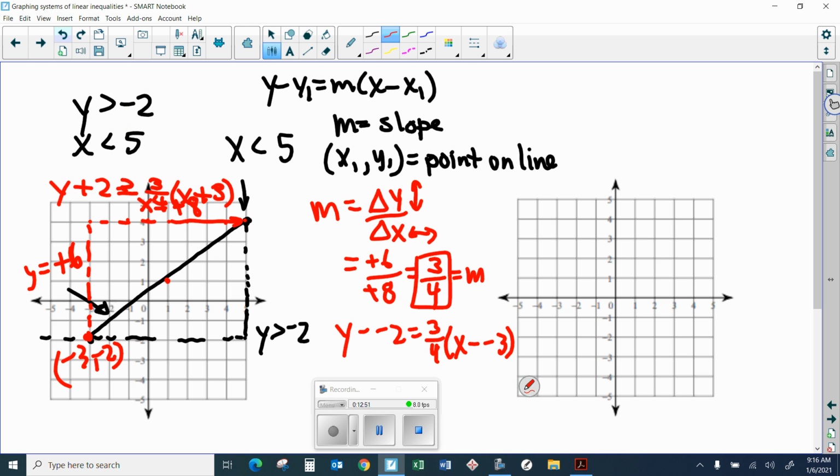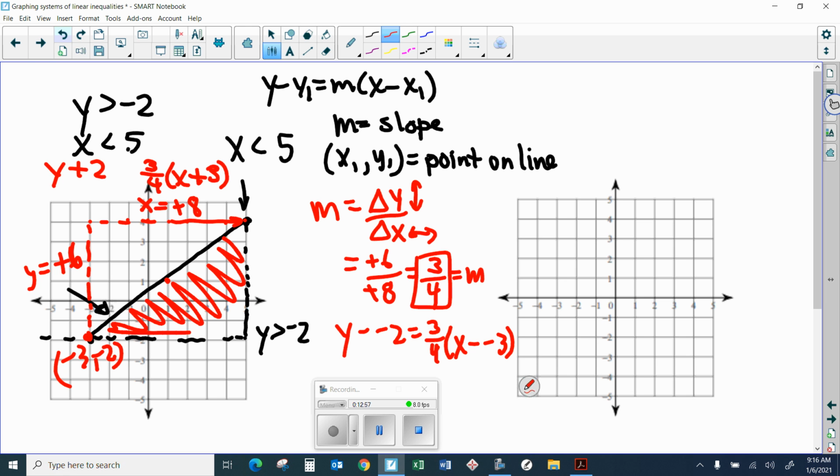Okay, let's move this whole thing down here. Maybe I can erase it better. Okay, our region is right here. I gotta tell you that. Okay, so we're actually shading below that line, but it's a solid line, so it's less than or equal to.